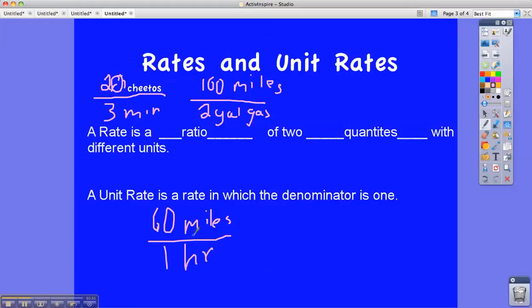So notice my denominator was 1. We could still write a unit rate without writing it as a fraction and still have a denominator of 1. For example, 60 miles per hour. If I'm saying 60 miles per hour, that's like saying for 1 hour. Per hour means basically for 1.